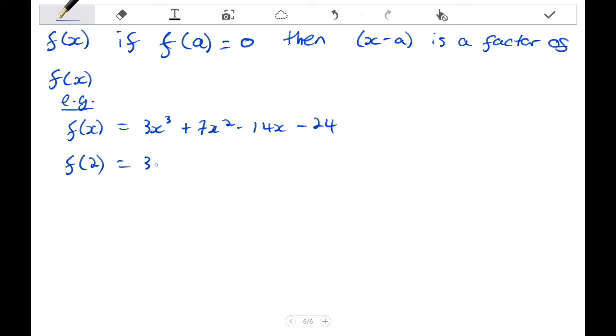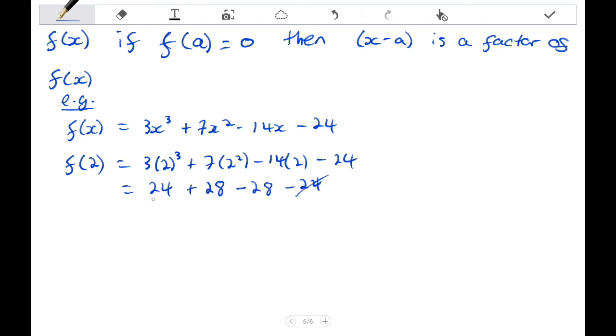Right, well we've got 3 times 2 cubed, plus 7 times 2 squared, minus 14 times 2, minus 24. So 2 cubed is 8, times 3 is 24. 2 squared is 4, times 7 is plus 28. And then we've got 2 times 14, that's minus 28. And we've got minus 24. So clearly the 24s cancel, the 28s cancel, and we get 0.